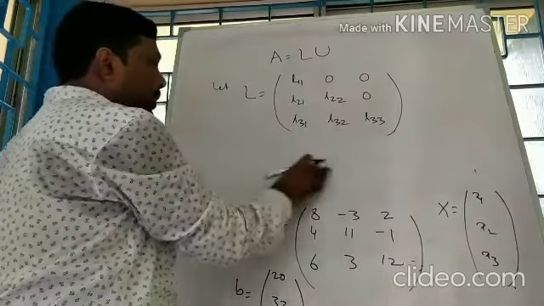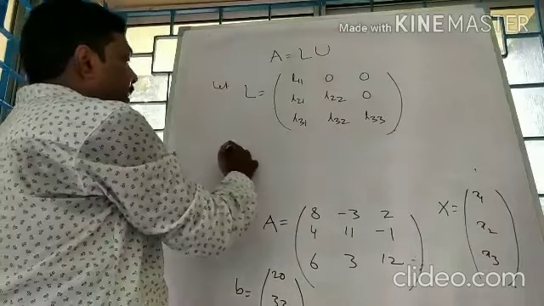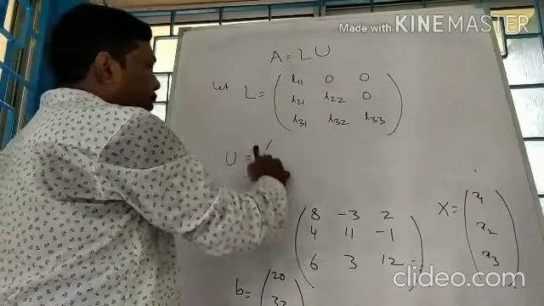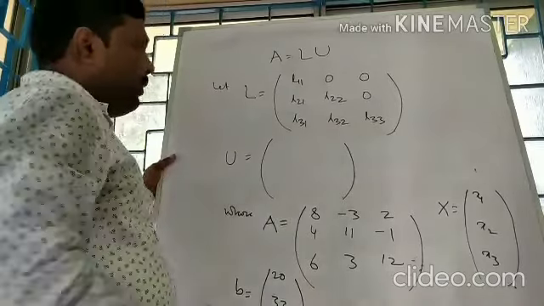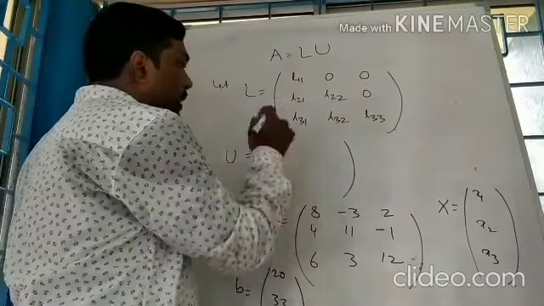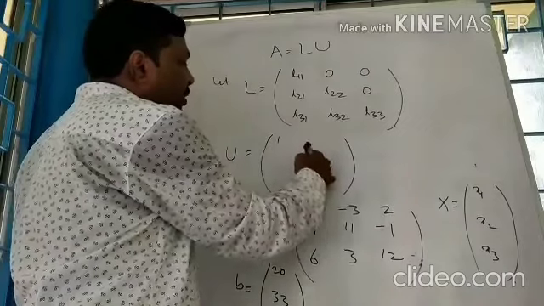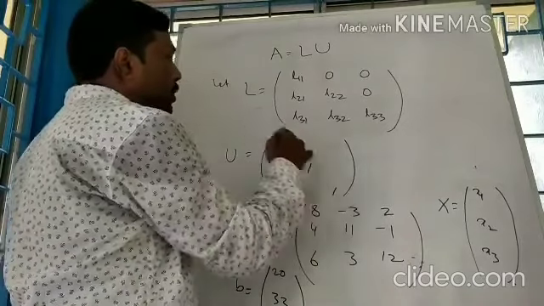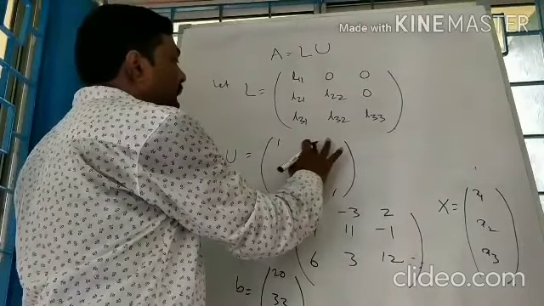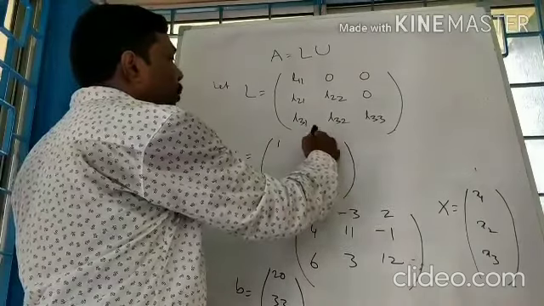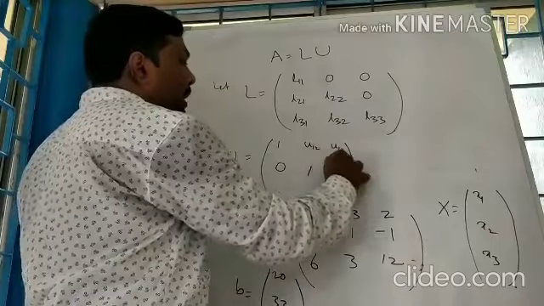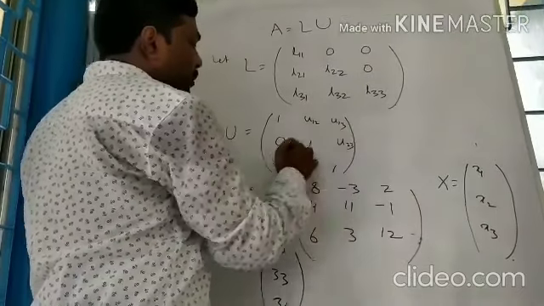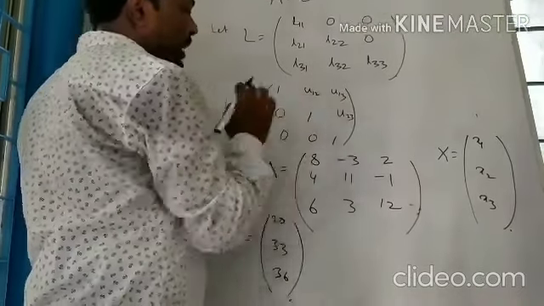And the upper triangular matrix U equals, we consider the diagonal elements of the upper triangular matrix as 1. So it is 1 U12 U13, 0 1 U23, 0 0 1.